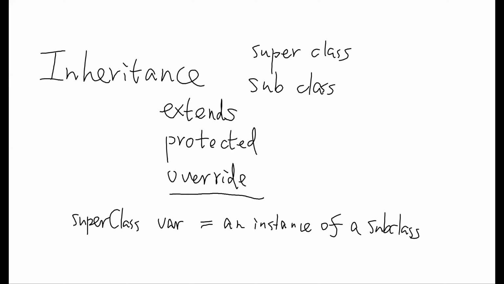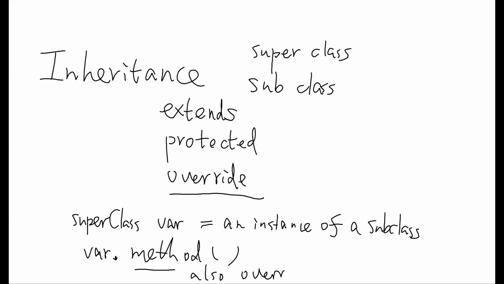Then when you call some method on this variable, and this method is also overridden in the subclass, the method will be which version?